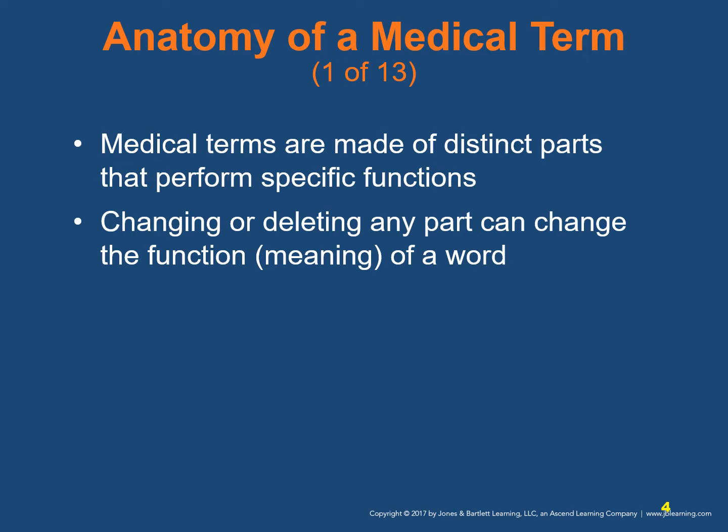Now let's discuss the anatomy of a medical term. Medical terms are made up of distinct parts that perform specific functions. Changing or deleting any of those parts can significantly change the function or meaning of a word.